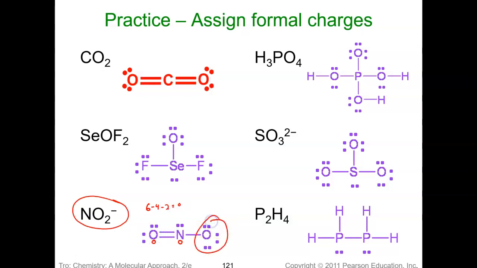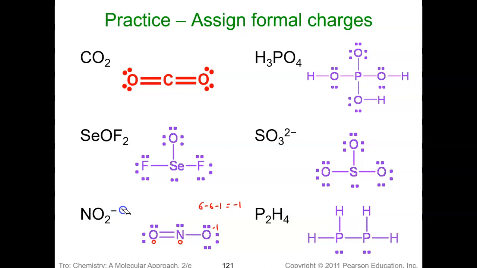Let's try this oxygen. 6 valence electrons minus 2, 4, 6 free electrons minus 1 bonding electron. That's a negative 1. So this one is negative 1. So remember how we talked about how the formal charge is 0 on a neutral atom? Well, this is an ion, and its charge is negative 1.